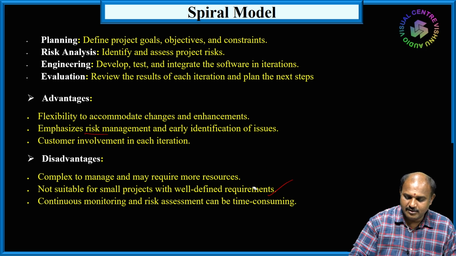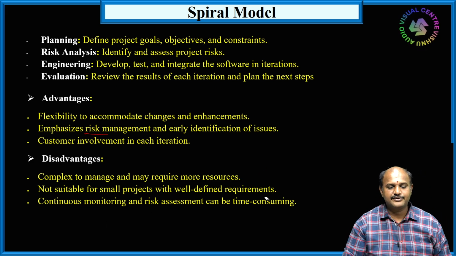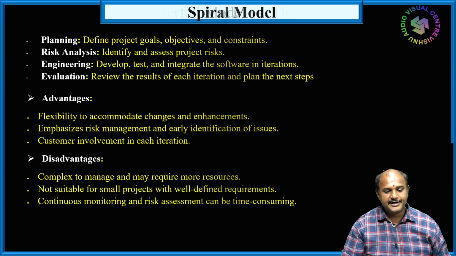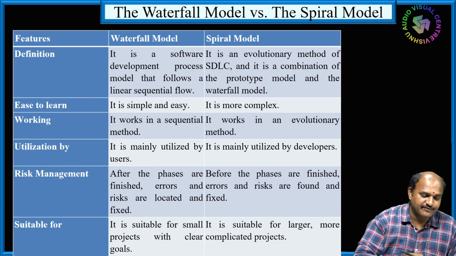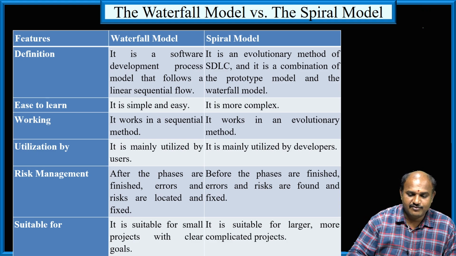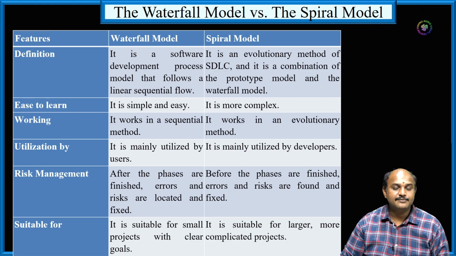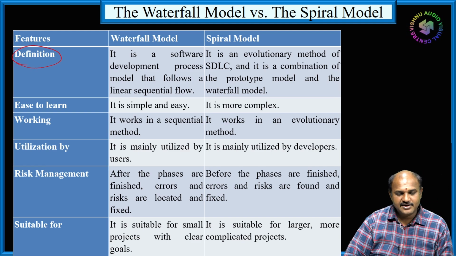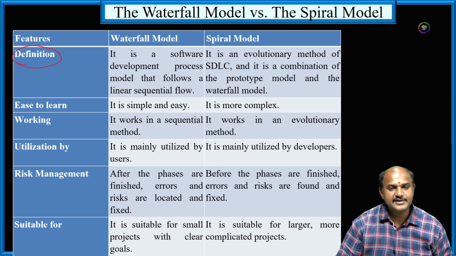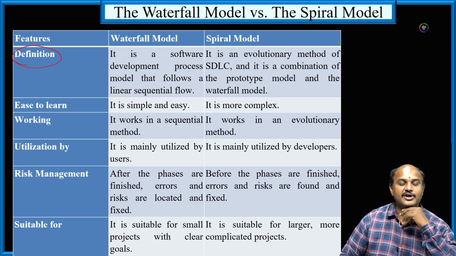Now let's go for the comparison of the spiral model and the waterfall model. We are going to discuss some features here. Coming to the first feature, the definition phase. In the definition phase, what happened?